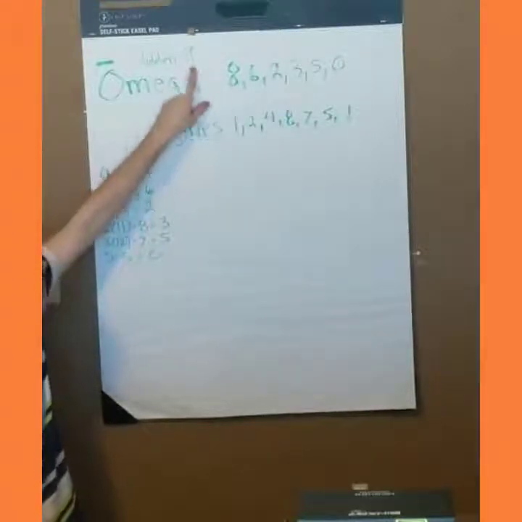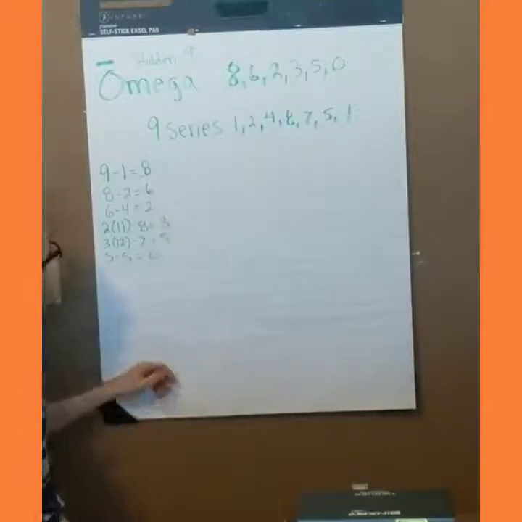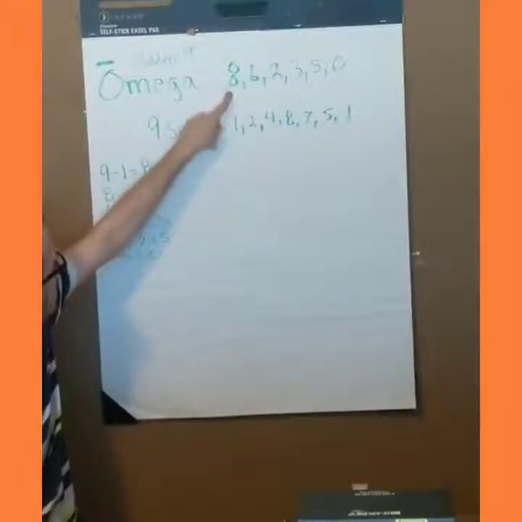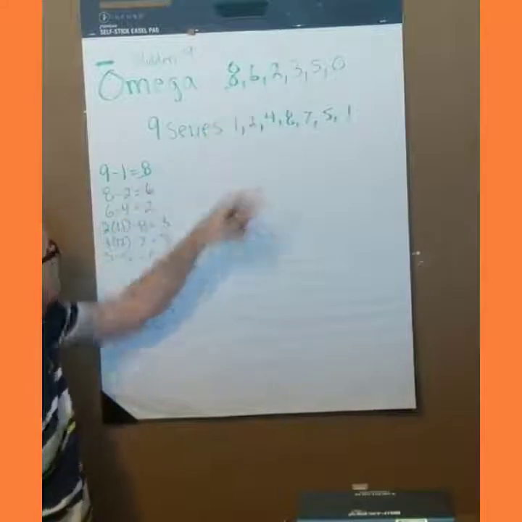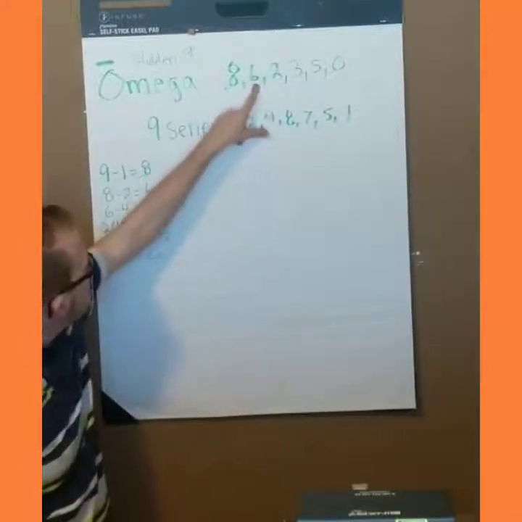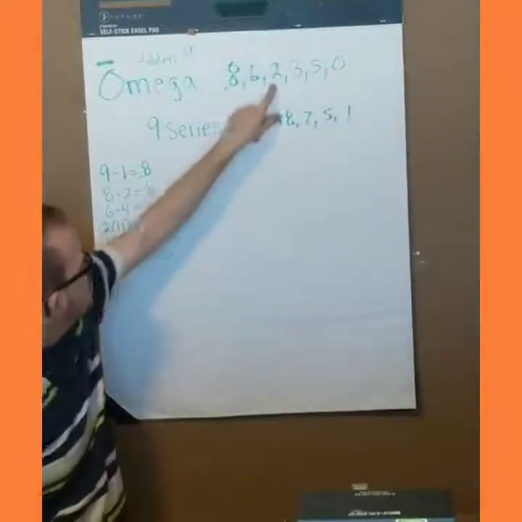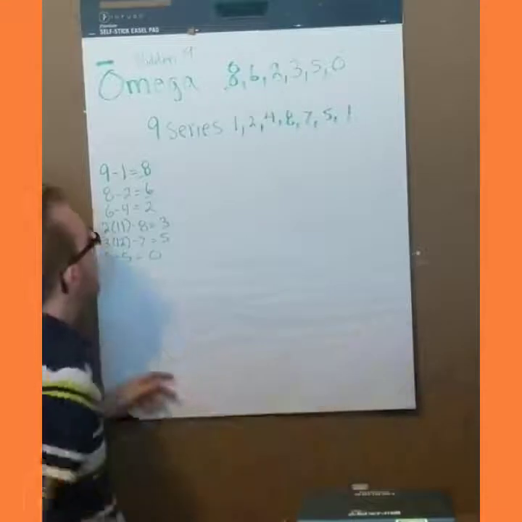So you start with a hidden 9, minus 1 is 8. There's your 8, okay? Then you have 8 minus 2 equals 6. There's your 6. Then you have 6 minus 4 equals 2. There's your 2. Alright?